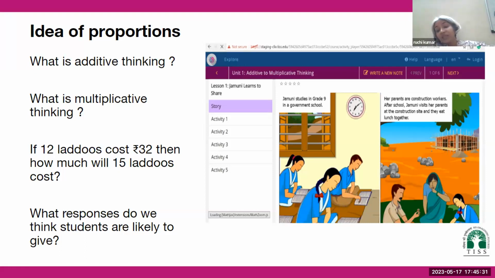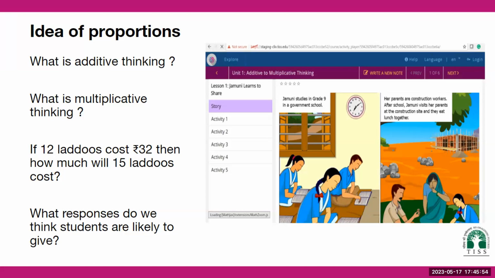Here you are considering both the trees together, but Neha compared both the trees individually against their own height. So you can clearly see proportional reasoning: the first tree has increased by 25%, the second tree by 50%.